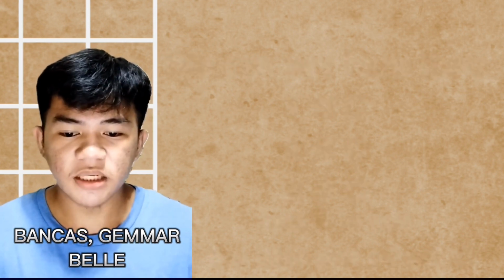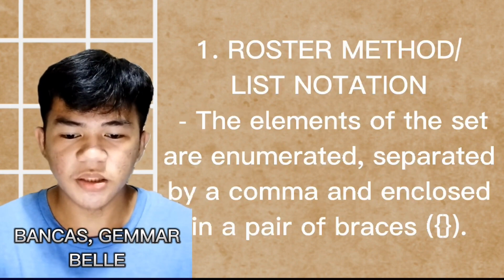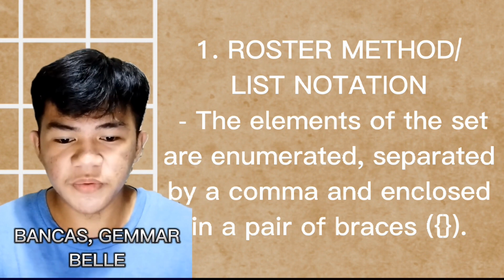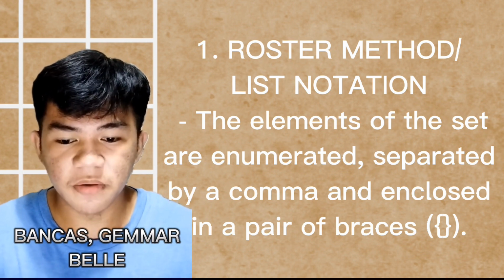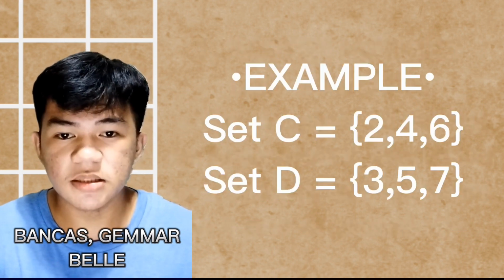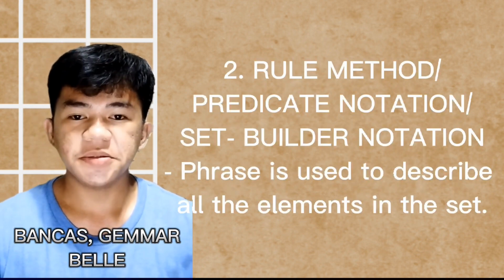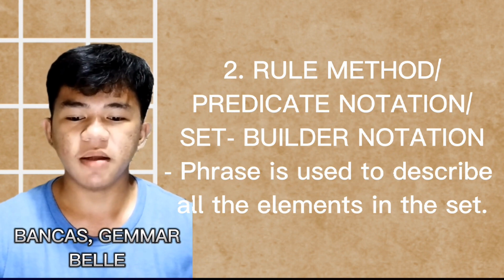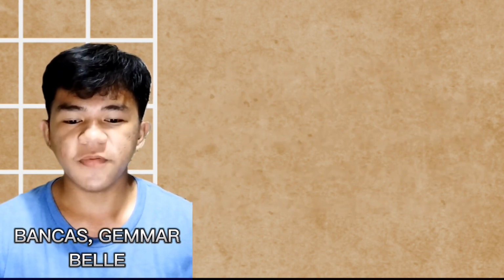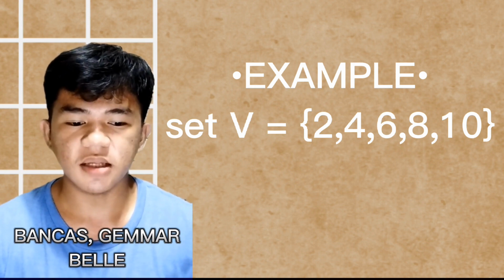So we have three main ways to specify a set. First is the roster method. You have to enumerate the elements, separated by commas and enclosed in a pair of braces. The example of this is this one. Number 2 is the rule method. A phrase is used to describe all the elements in the set. Let's say, for example, set V has the elements 2, 4, 6, 8, and 10.